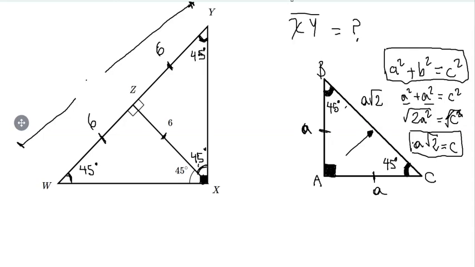Right, this is gonna be 12, 6 plus 6, right? Now we need to find this segment here, XY. So what do we do? What do you think we can do?